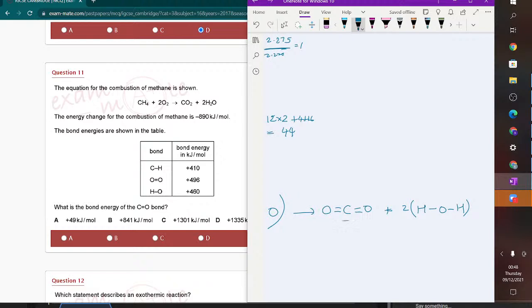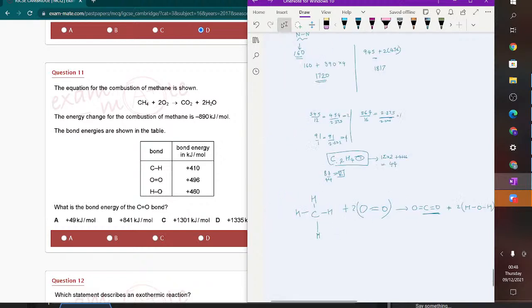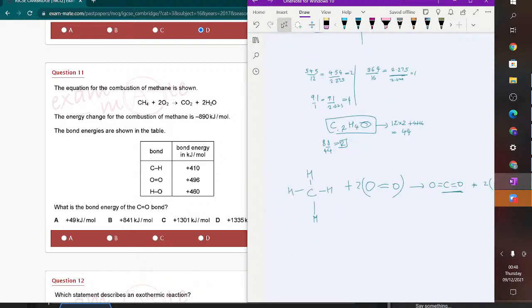So here we need this. C-H is given as 410, so into 4, and O double bond O is 496 into 2.